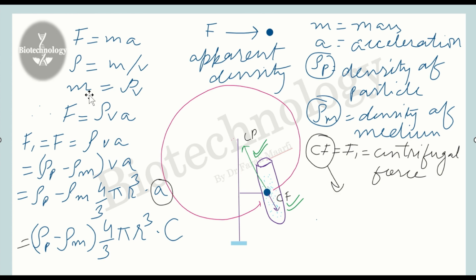Let's consider another condition that also exists here: when a particle is experiencing a centrifugal downward external force, at the same time the medium, having some density, puts a counter force onto it, and this phenomenon is well explained by Stokes law.